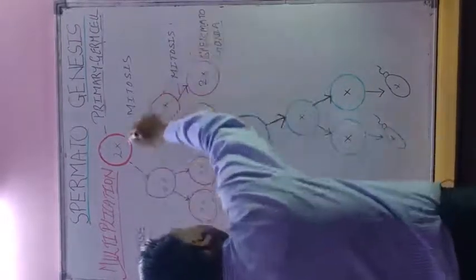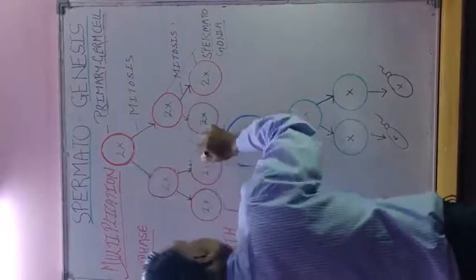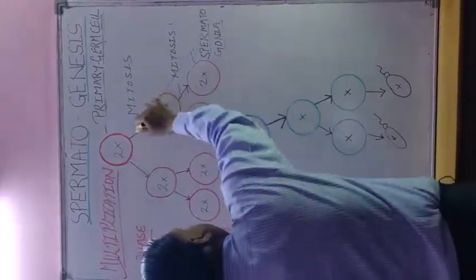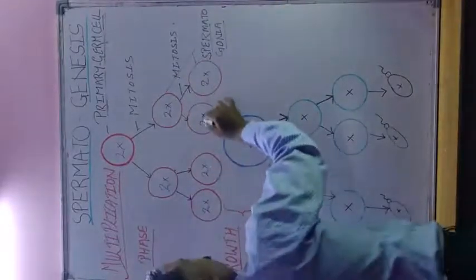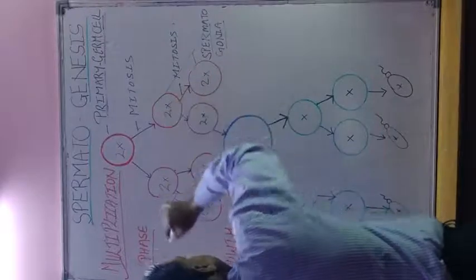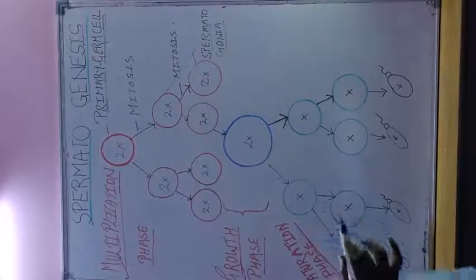Student, from one primary germ cell, 4 spermatogonia are formed because they develop by mitosis division. So there is no change in the number of chromosomes. So this is the multiplication phase, because from one, 4 are produced.